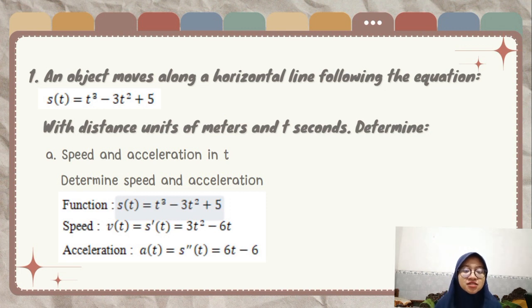And so we get the speed is v(t) = s'(t) = 3t^2 - 6t. And the acceleration is a(t) = s''(t) = 6t - 6.